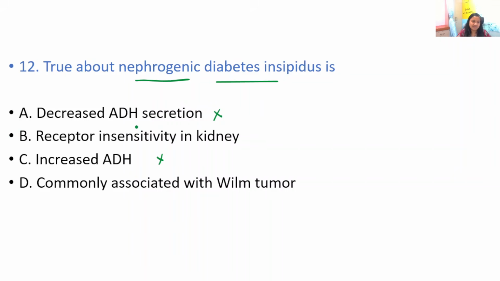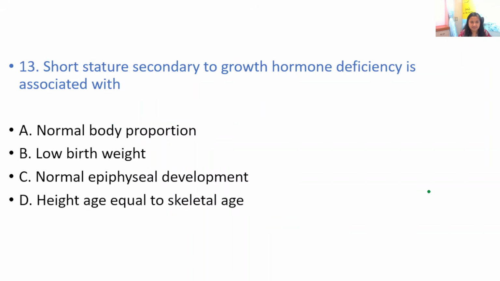Receptor insensitivity in the kidney, yes, this is the cause, because there is receptor insensitivity in the distal tubule of the kidney in nephrogenic DI, and it is not associated commonly with Wilms tumor. It is associated with Wolfram syndrome. Okay, so that's about nephrogenic diabetes insipidus.